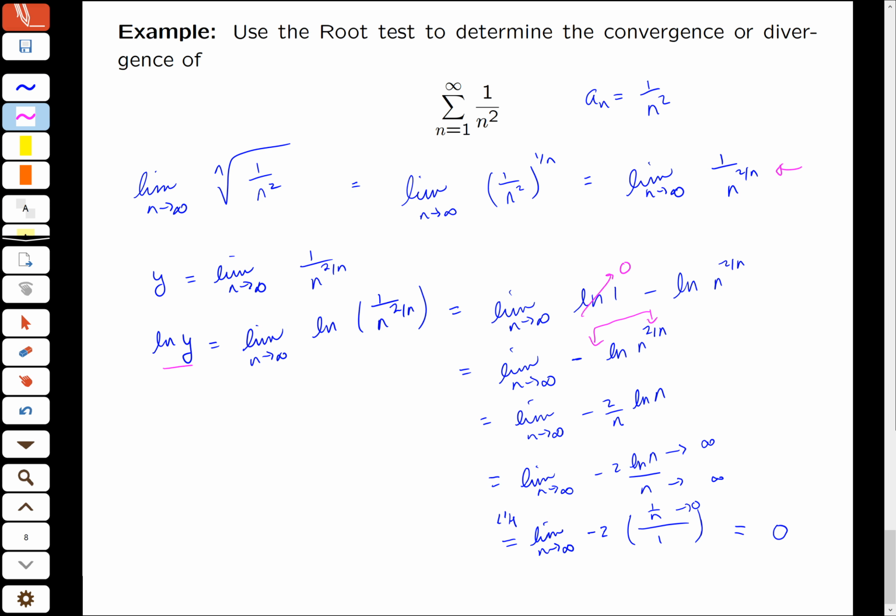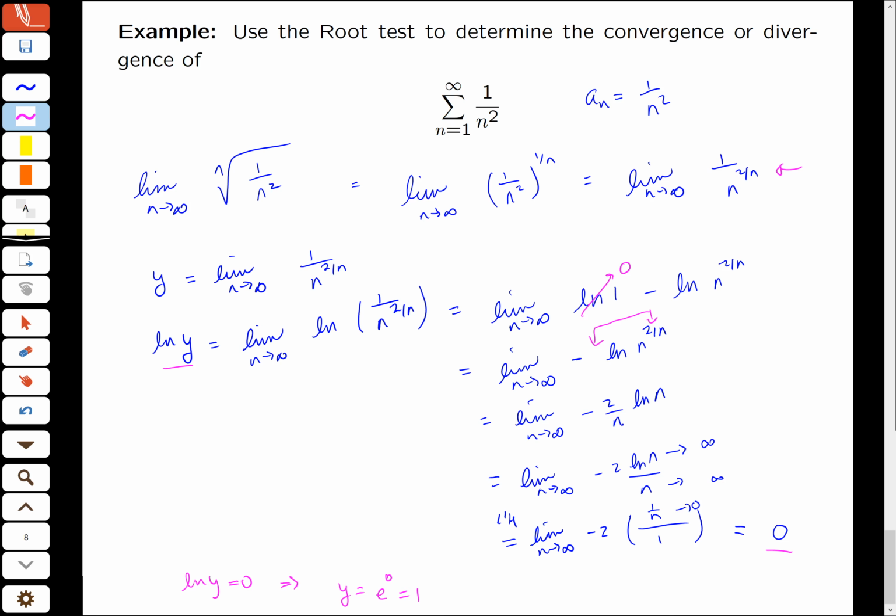That means the natural log of y is equal to 0. What does that tell you y is equal to? e to the 0 is 1. Now, that was our root up here. This nth root, the limit of the nth root, is equal to 1.